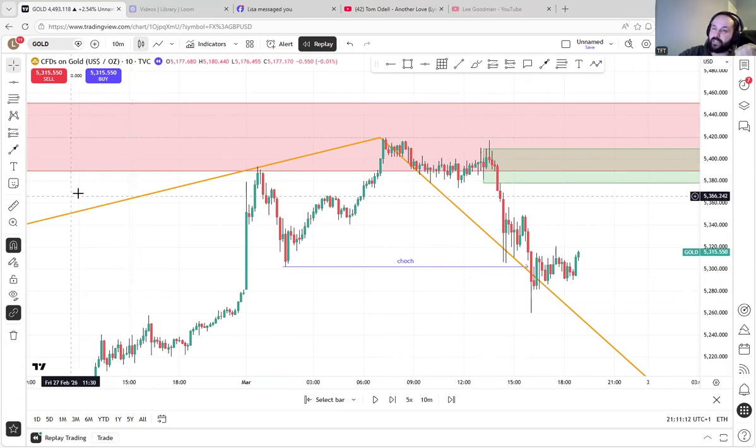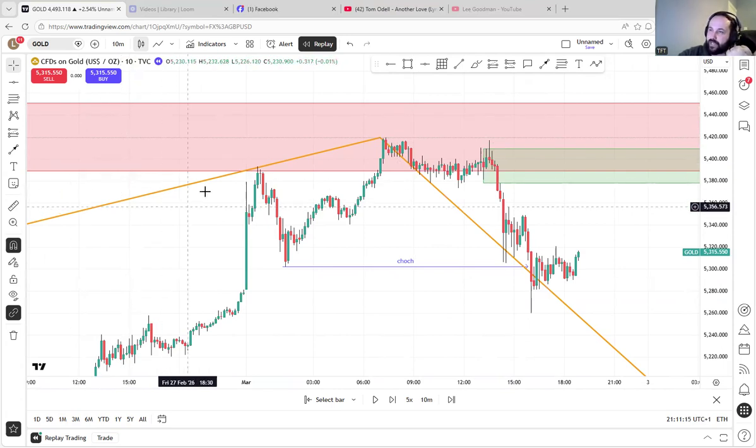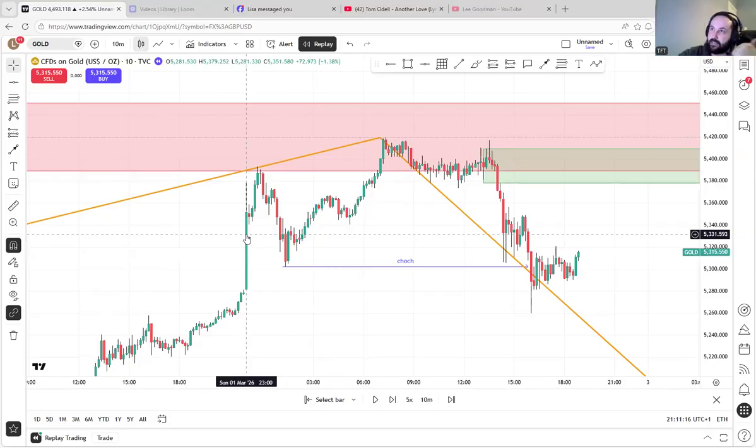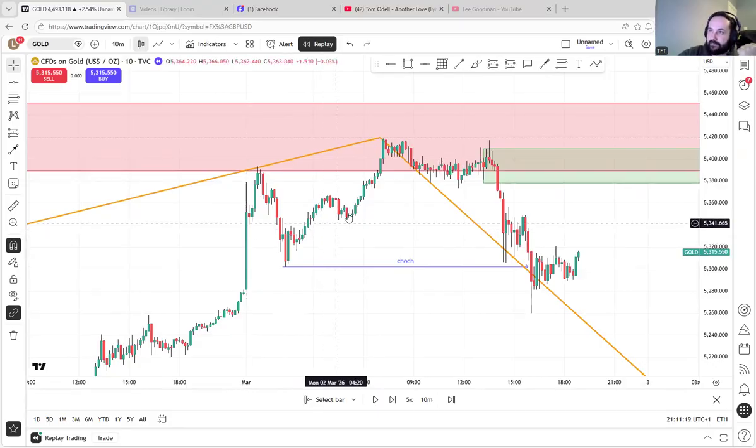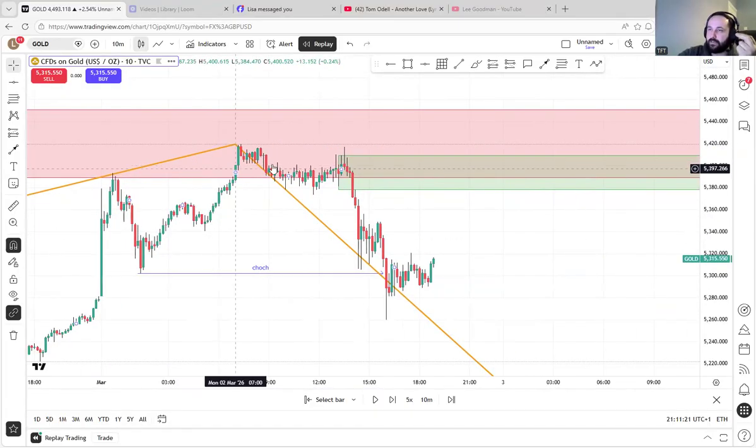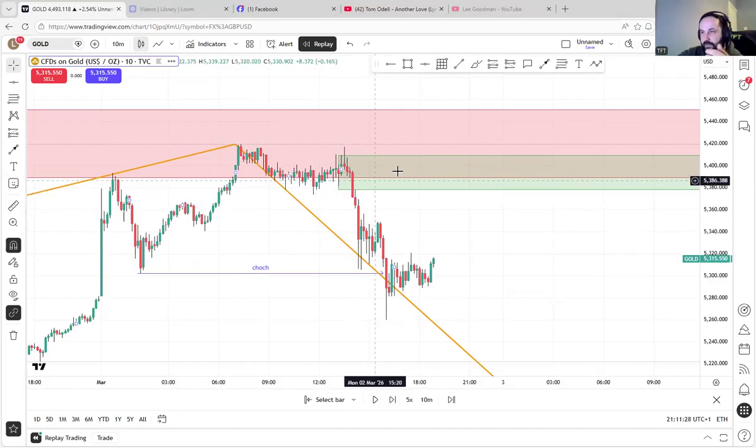So we're happy with the high time frame point of interest, which is the red box. It takes that first higher time frame low. We then get a lower time frame one as it taps into the zone, and then price sells off from there.